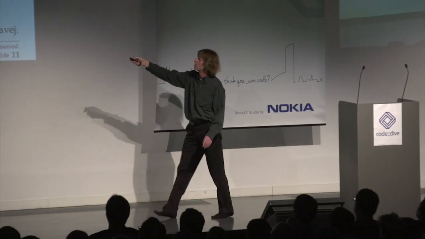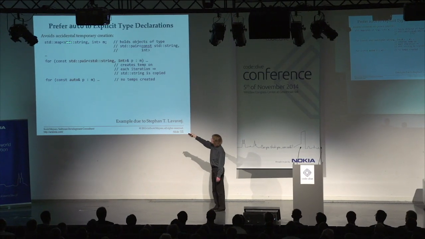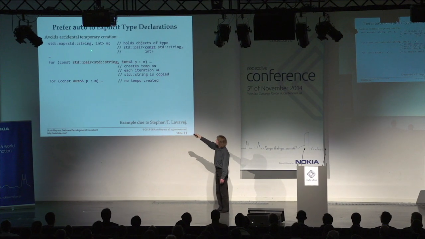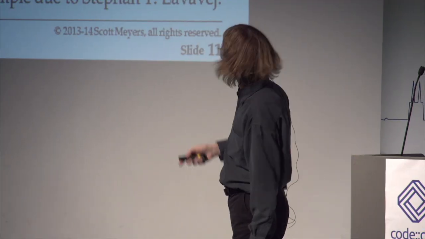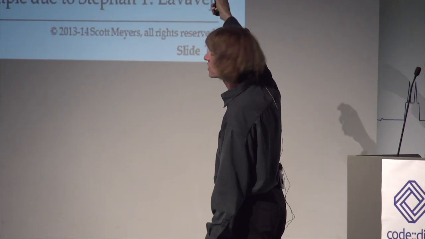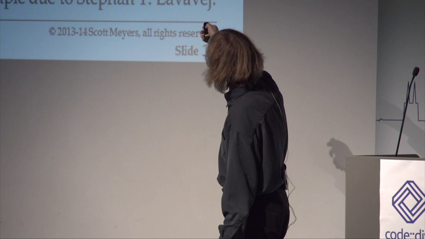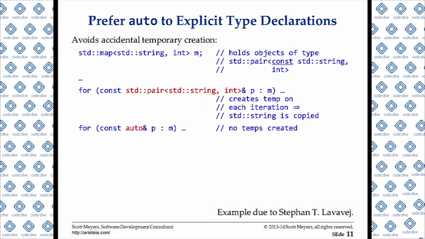The problem is that even though we have a map where the key is a string, the types of the pairs are pairs of const string, which means that the type of every element in this map is not a pair of string and int, it's a pair of const string and int. Which means what you are asking the compiler to do is to take every pair of const string and int and get a reference to it.